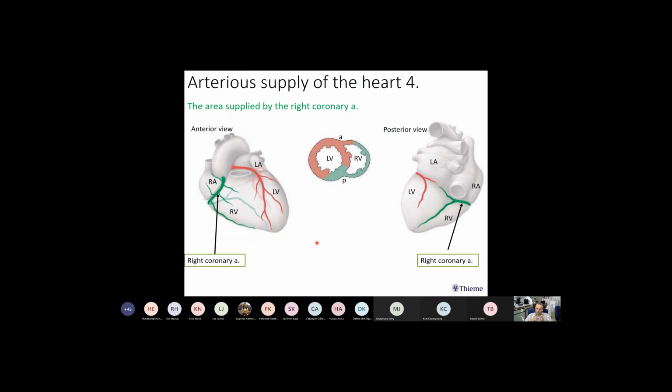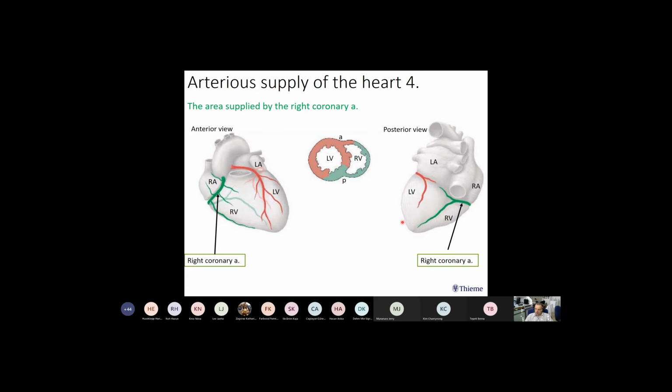So what does the right coronary artery supply is the next question. Again, it's an anterior view of the heart. Now, please focus on the green color. The green color represents the right coronary artery and its branches. And the same colors are used on the other side here.